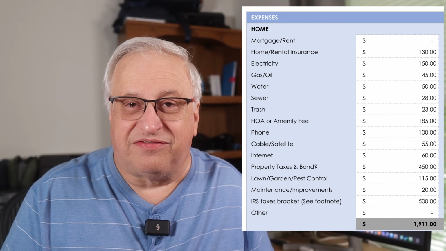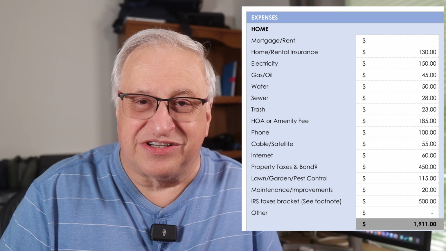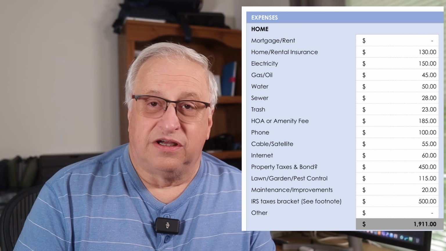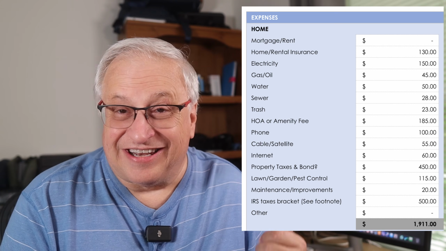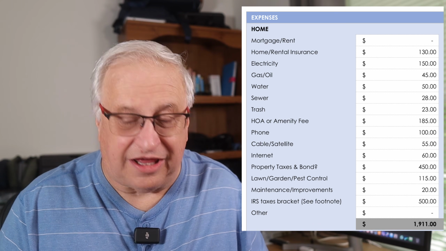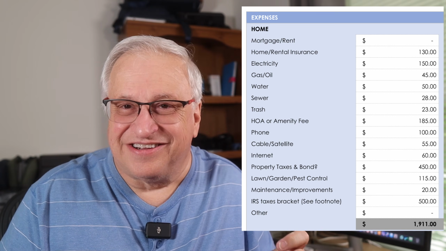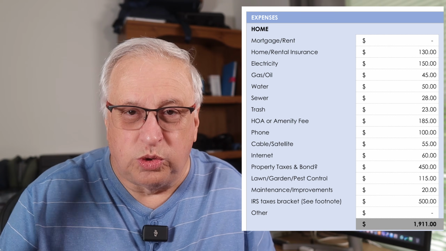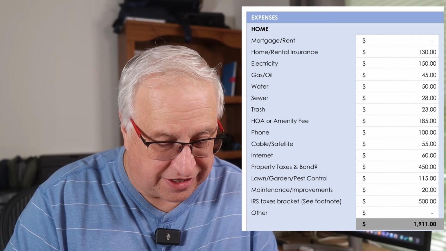HOA or amenity fees. If you live in a community in which you have to pay an HOA or an amenity fee. What's your phone bill? Landline, cell phone, plug it in. Cable, satellite, your TV services, all the purchases you bought to have Hulu, Prime, all those go in here.